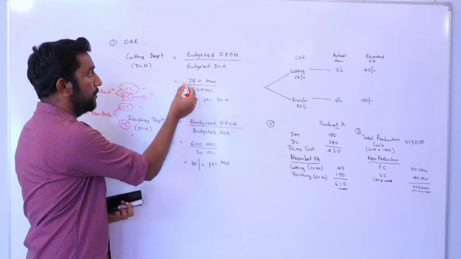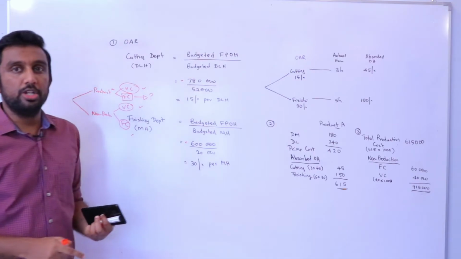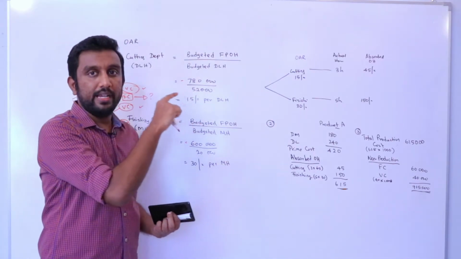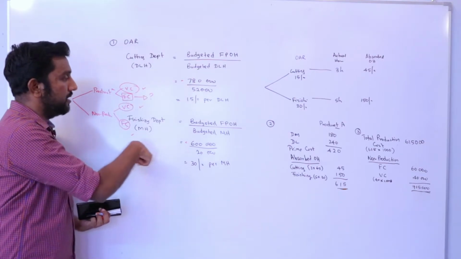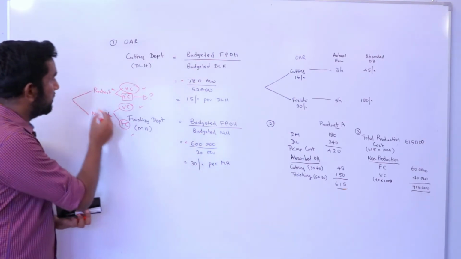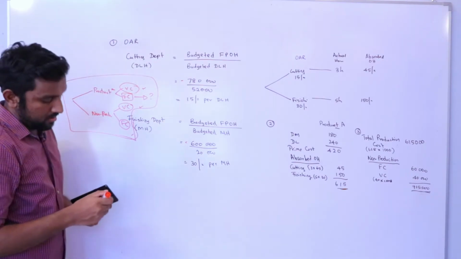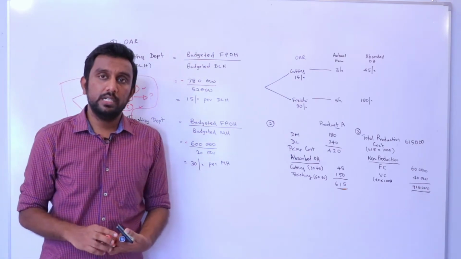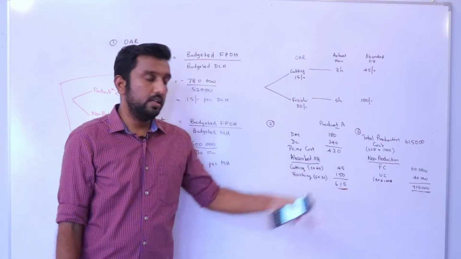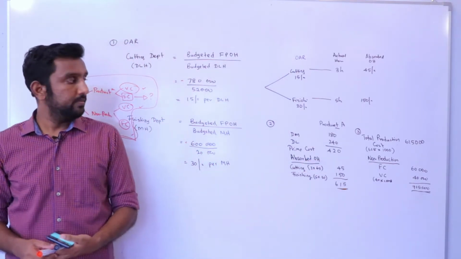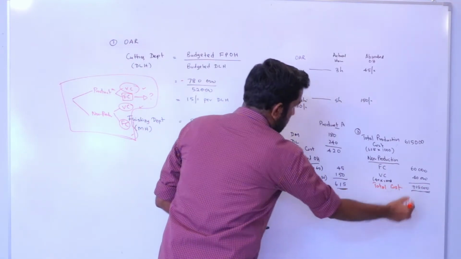From that we found the amount. Then we did the OAR calculation, then the absorbed overhead calculation. Then we found it per unit, for a unit. Then we get the answer. So this is the entire thing we are doing actually, right? We are trying to find the production cost and the total cost. So I would say this is total cost.